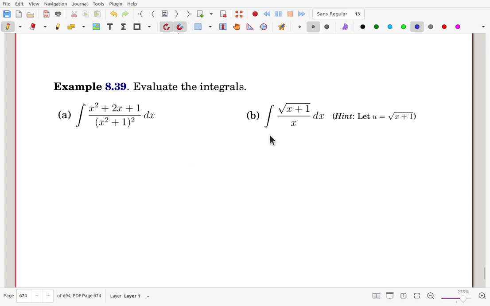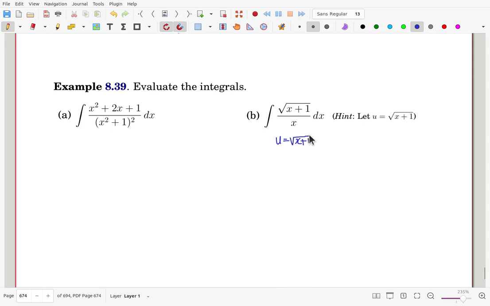Now let's go to this one. If you try to do the integral, it's not easy to do directly, so we may have to use a substitution. As given in this hint, u is the square root of x plus 1.